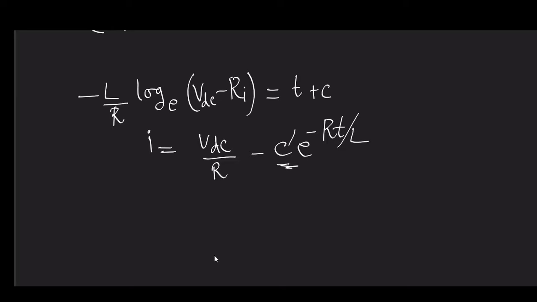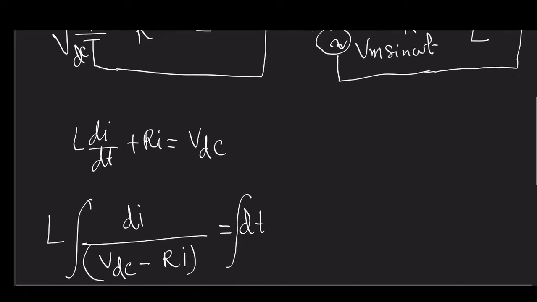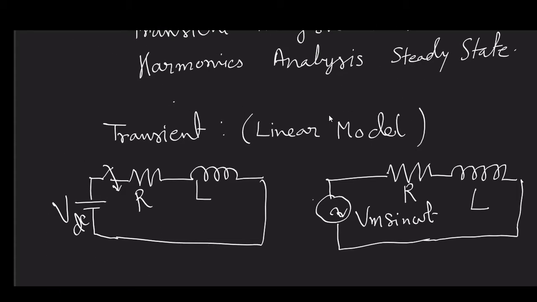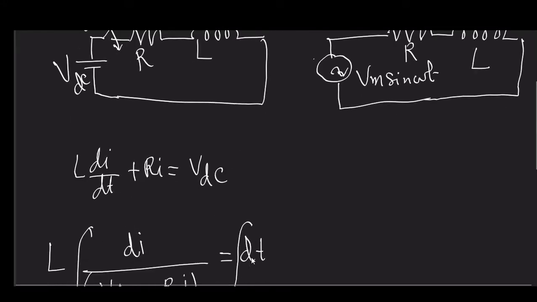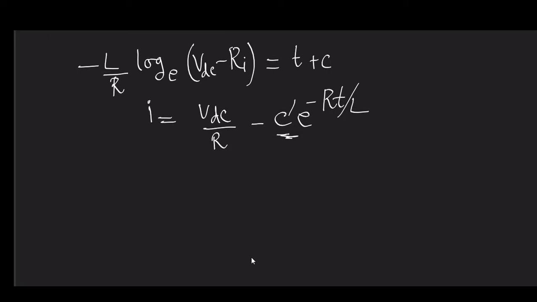Like, how can we add an instance of switching? One thing I forgot to mention here, that switching takes place at t is equal to 0. So the initial current flowing through the circuit was 0.